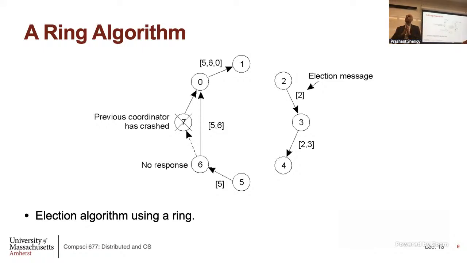Here, we just assume that when a node fails, the ring has healed itself. We are just running the election algorithm on top of that. So we don't need to worry about it, but that's an additional detail that you do need to worry about in an actual ring implementation, independent of whether it's an election algorithm or something else. Is that clear? Okay.